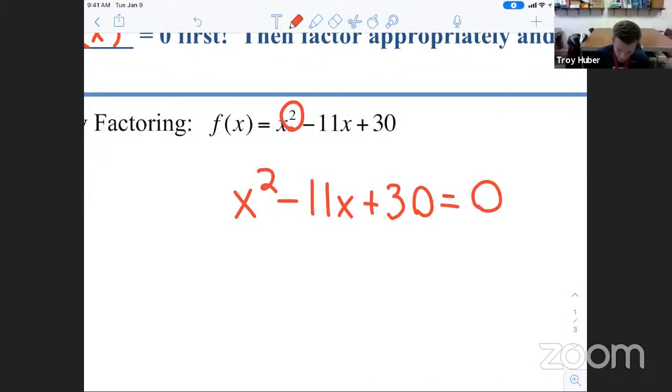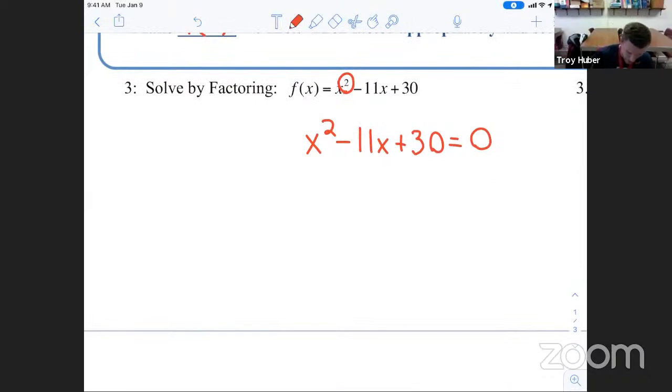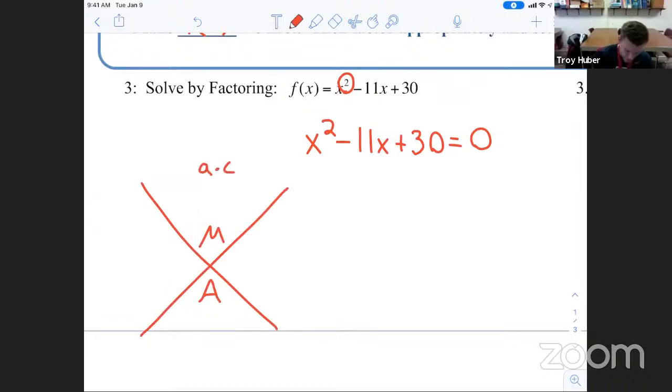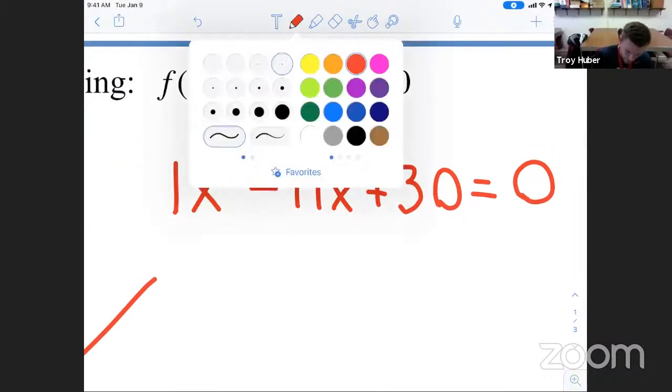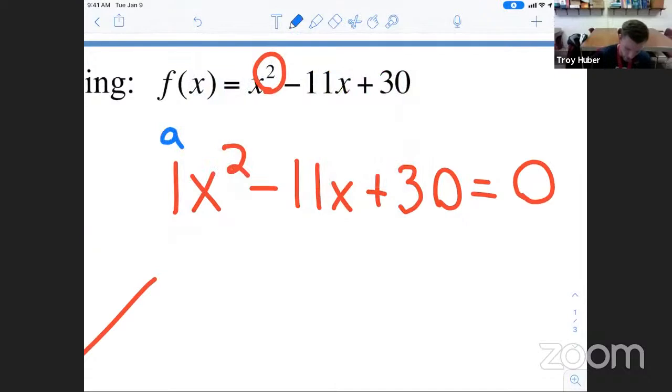And when I factor, I teach the x method. So we multiply to the top, add to the bottom. We always multiply to a times c, and then we add to our b value. So if we look at this problem here, this is really 1x. So our a value is 1, our b value is negative 11, and our c value is 30.